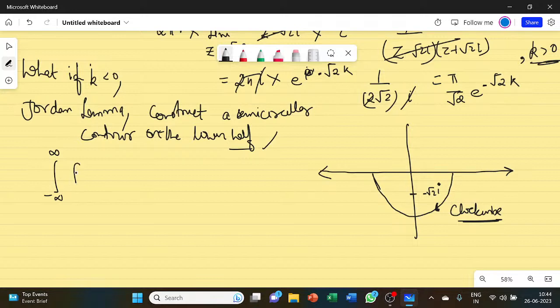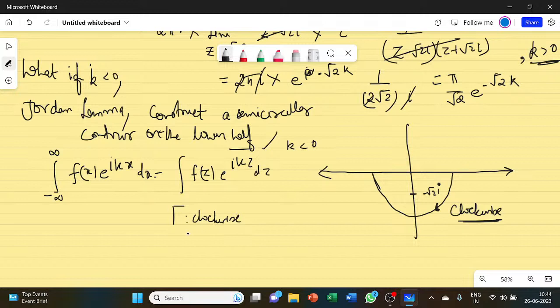So if I am writing this f of x e^(iota kx) dx, I can write it as the contour integral over gamma of f of z e^(iota kz) dz. Don't forget that k is less than 0, and this is oriented clockwise, not anti-clockwise.